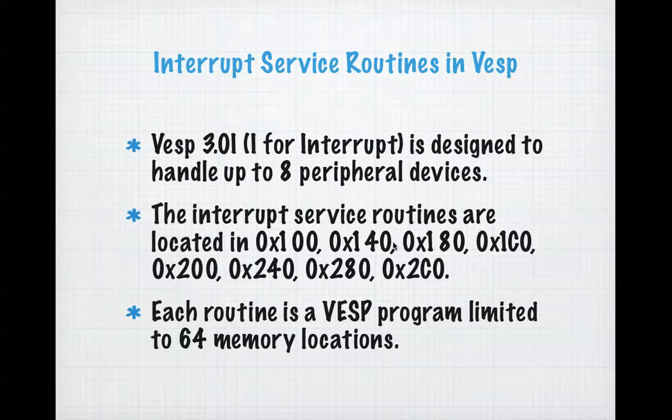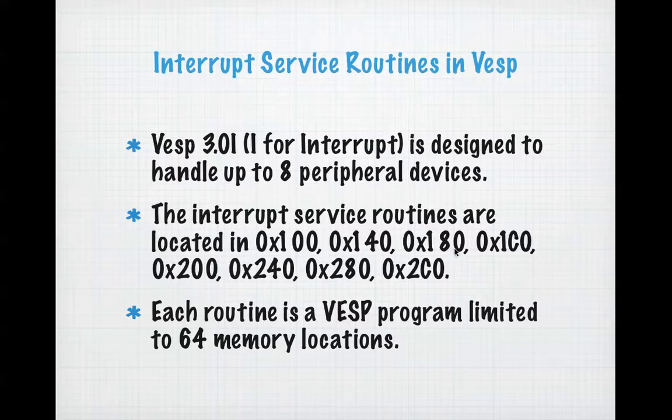So if, as VESP, I decide to serve device number 2, then I would simply say that the device's interrupt service routine is located at 100 plus 2 times 64, or 2 times 40 in hexadecimal, which would be 180.